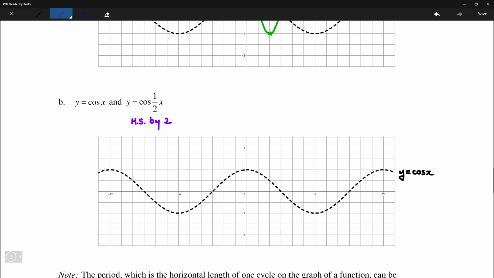So the period is going to be 4 pi. We can also find that by the formula that we just saw. Period is equal to 2 pi over b, and in this case, b is 1/2. So we have 2 pi divided by 1/2, which of course is 4 pi.